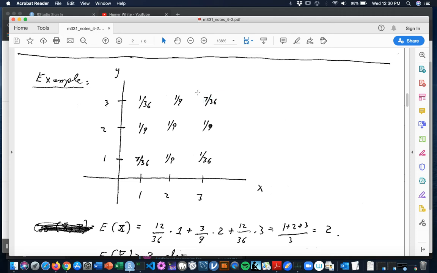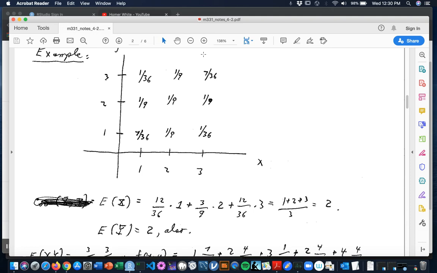But remember, if you're told that x is a 3, then just focusing in on this, 1, 4, and 7/36, you can see that out of that, 7 is more than half of the mass that's here. 7/36 is more than this put together.